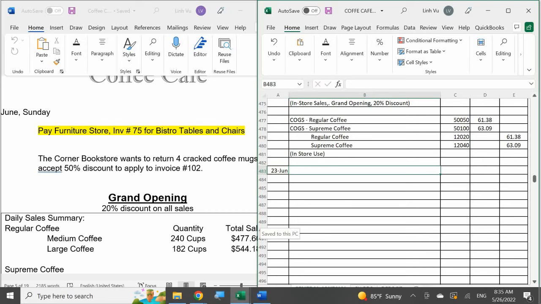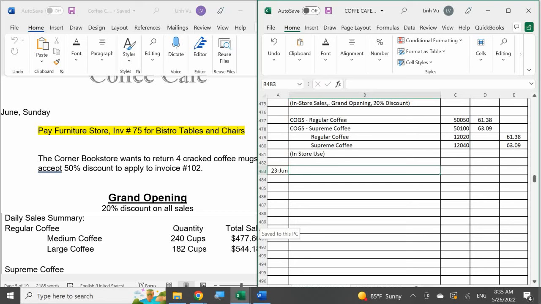So what should we do here? So we would do payment. Okay, how are we going to make a payment?